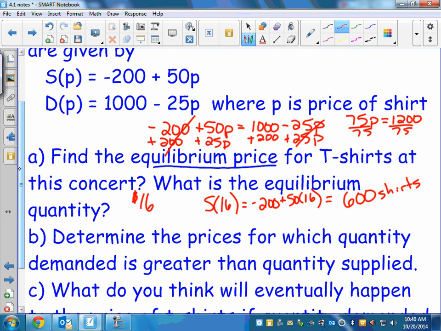Alright, let's write it out. Quantity demanded, so we better switch it around. So 1,000 minus 25p, demand is greater than supply. I just want to check, it's definitely going to be 16. We just have to figure out if it's going to be flipped around.